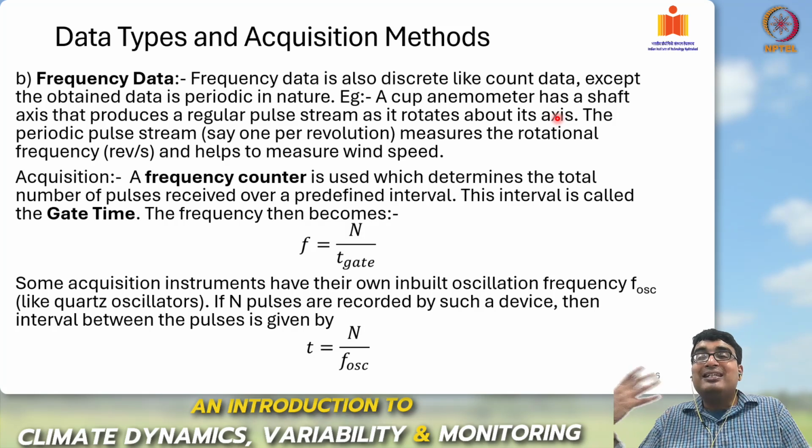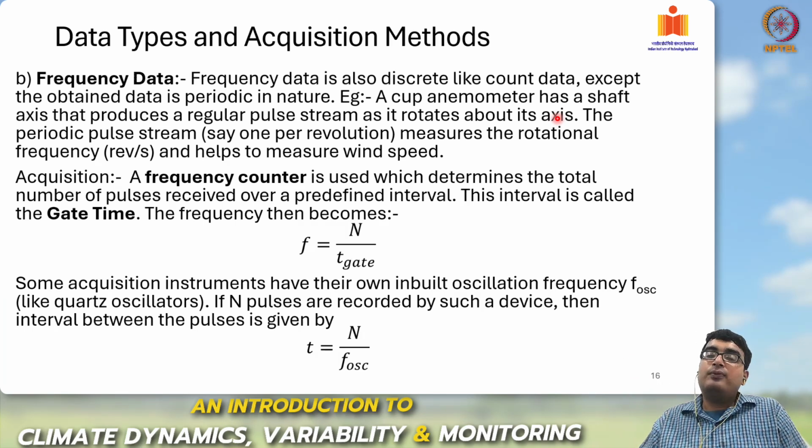The number of pulses gives an idea of the angular velocity omega, which is basically d theta by dt, the rate of change of angle with time that the shaft is encountering, and that gives the value of the wind velocity. The periodic pulse stream, say 1 per revolution or 3 per revolution, measures the rotational frequency, revolutions per second, and helps to measure wind speed.